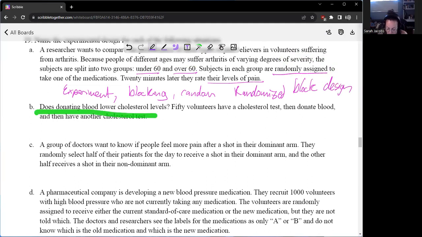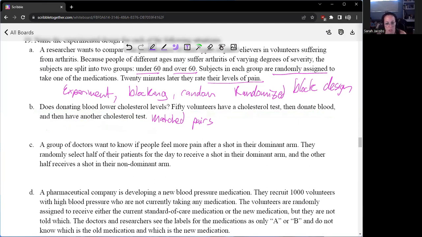Does donating blood lower cholesterol levels? 50 volunteers have a cholesterol test, then donate blood, then have another cholesterol test. So this would be matched pairs. The subjects, the volunteers, are matched against themselves. This wouldn't really be an experiment because nothing is applied.